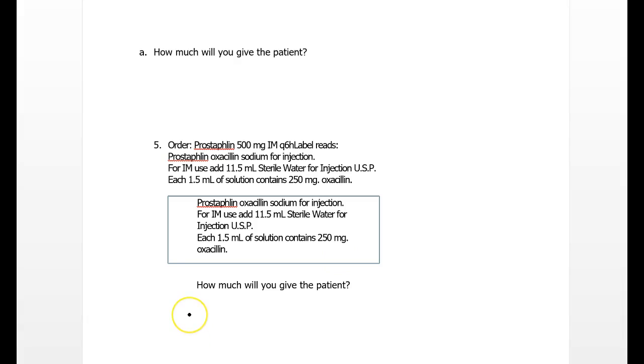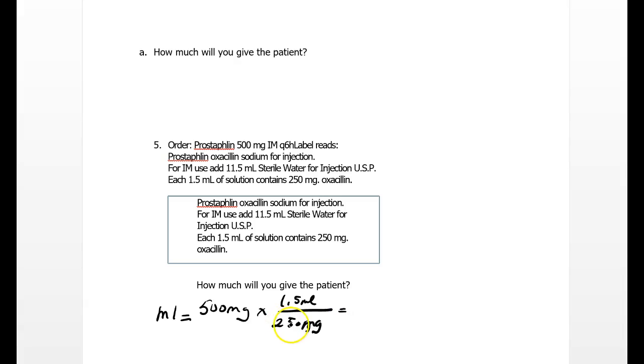So we are going to look for milliliters, and we want 500 milligrams, right? And our yield is 1.5 milliliters is 250 milligrams.